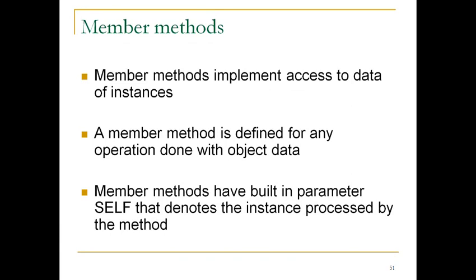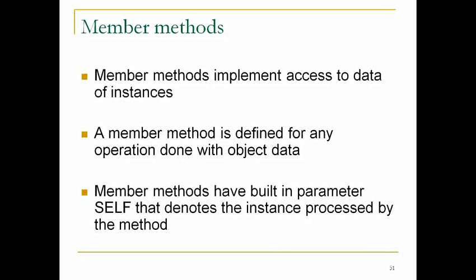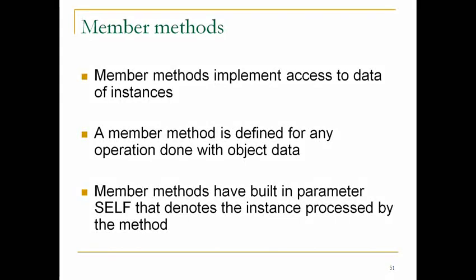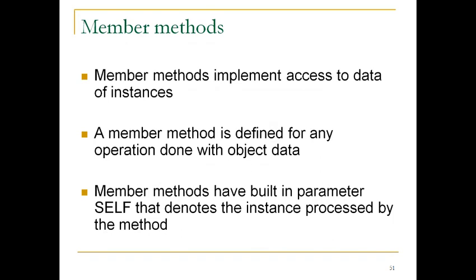Usually their goal is to implement access to these instances. And to access these object attributes, there is a parameter self. Self means the instance whose method is involved.